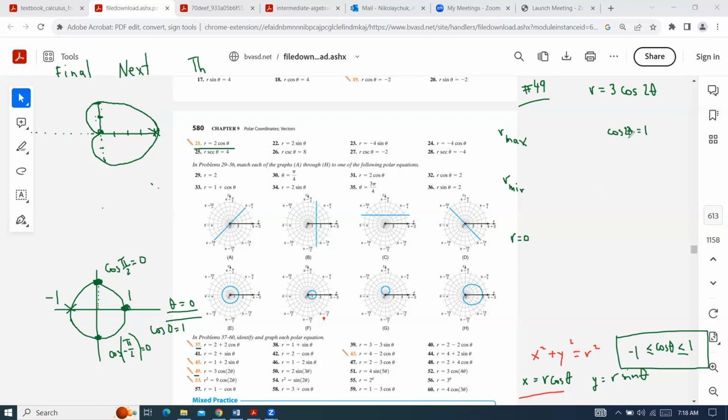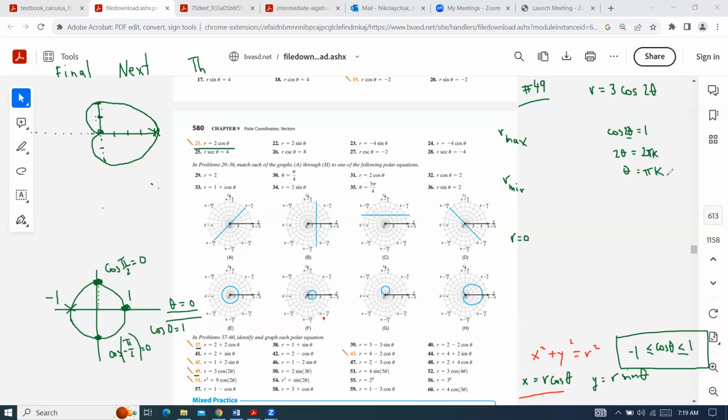But since we're dealing with 2 thetas, then I say that 2 theta is not just 0, but 2 pi times k. Because to pull out theta, we divide both sides by 2, so you get pi k.